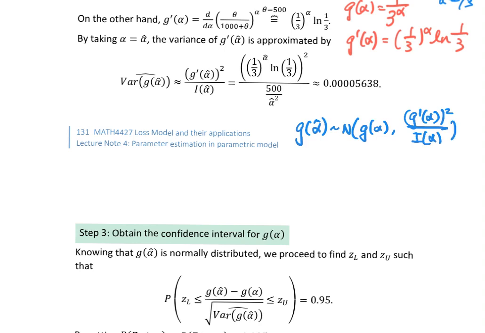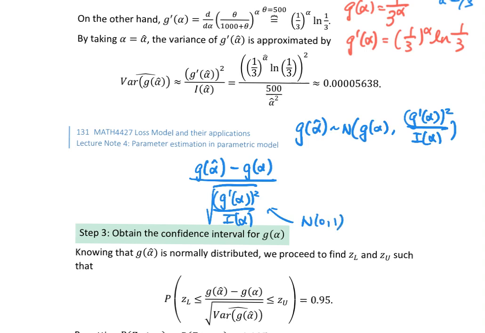Given this, we know the standard score, which is G alpha hat minus the mean divided by the square root of the variance, follows the standard normal. To construct the confidence interval, our goal is to find the ZL and ZU such that this is true for 95%.